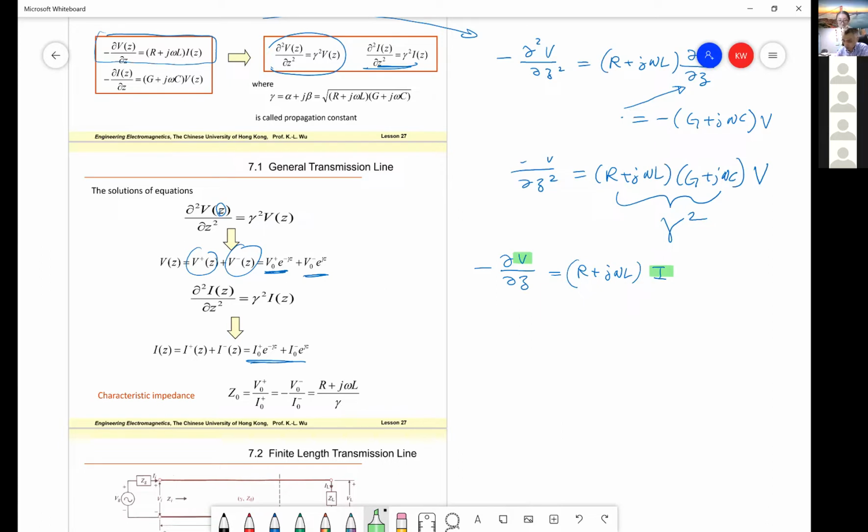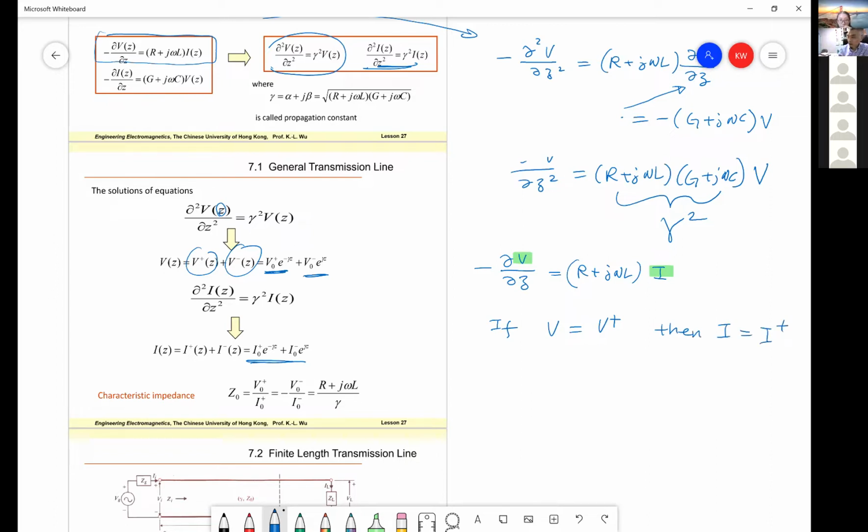The special case of V and I: if V equals V plus, that means non-reflection, then I equals I plus.